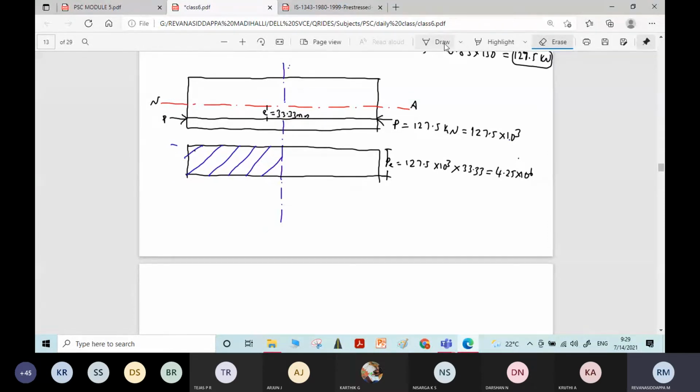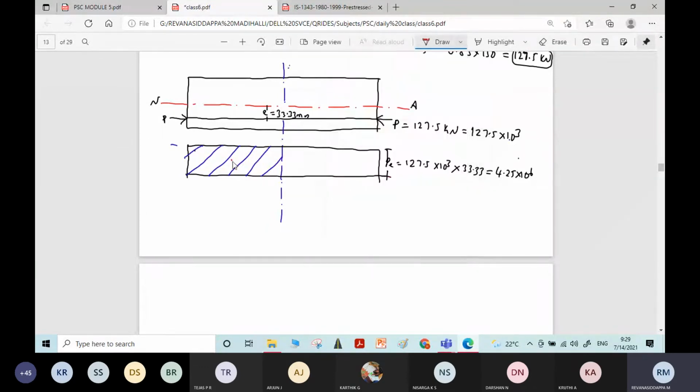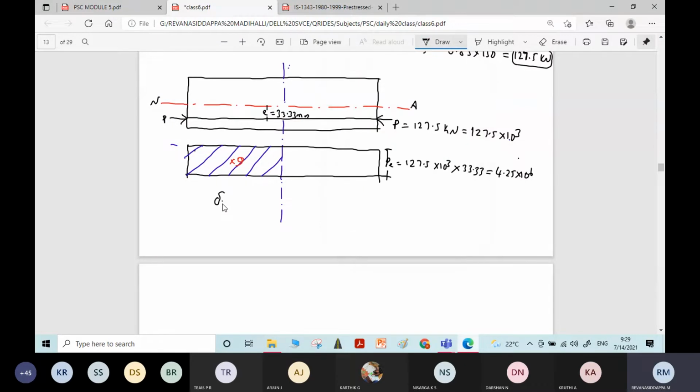Now, where will be the centroid here? G is the centroid. We know the formula to find the deflection due to pre-stressing force. Delta PS is equal to area into X bar divided by EC into IX.